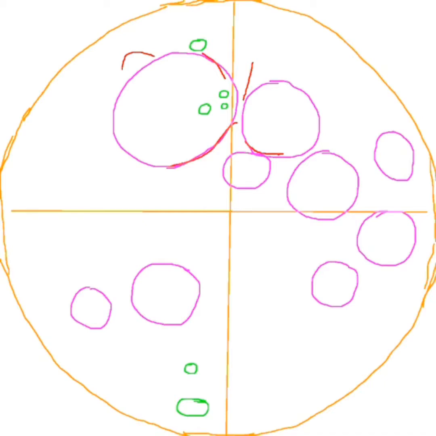Now going down still around the Sea of Showers, we have Copernicus, which is very, very famous, very well known. And then just close by there, right on the rim, is Eratosthenes.